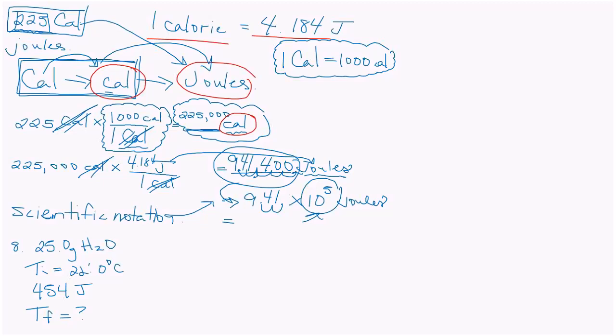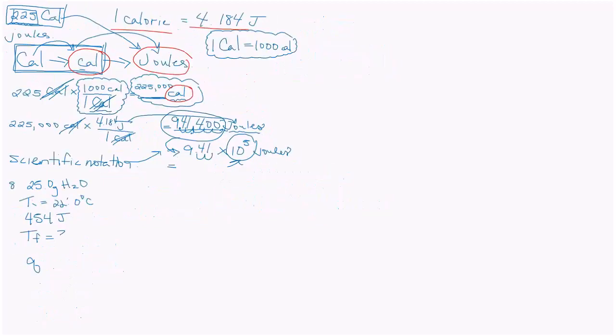And I'm going to use the formula, which is the amount of energy, Q, which will be in joules, is equal to the mass of the sample being measured times its specific heat capacity times the change in temperature.